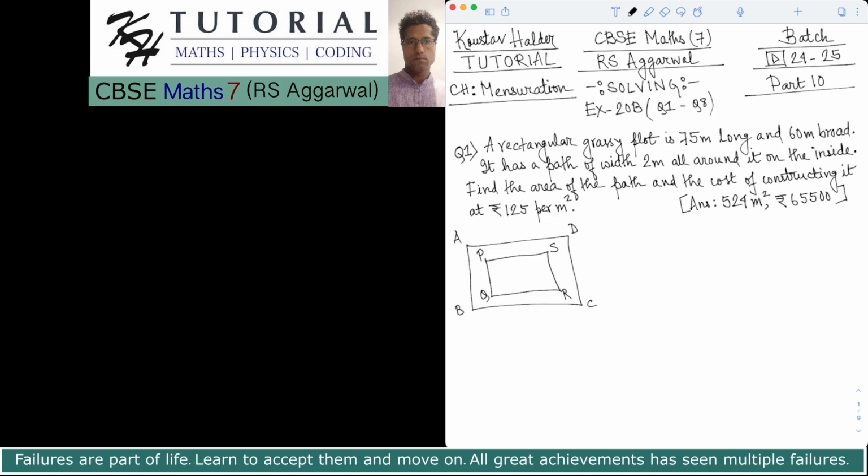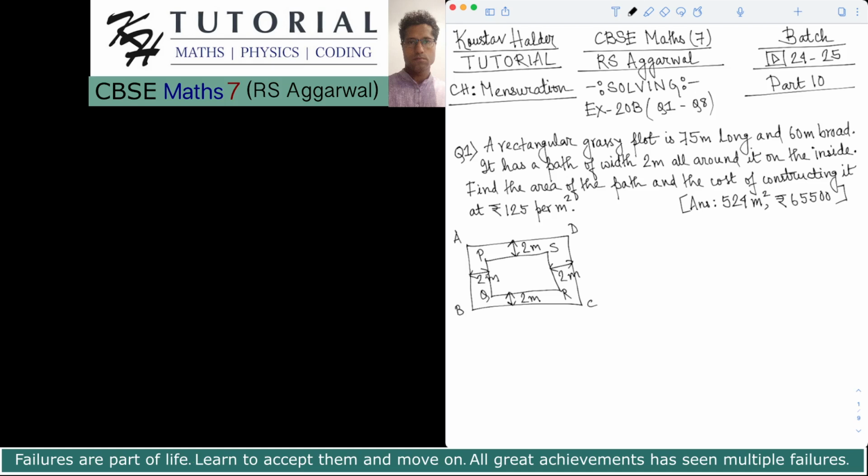Even if it is not mentioned in the problem, please assume that the width will be uniform. So we have this to be 2 meter, also this will be 2 meter, this will be 2 meter, and this will also be 2 meter.